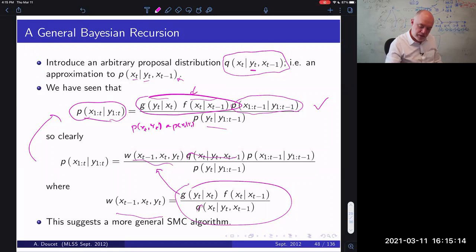That's the whole point of what's happening here. And if you use a Q that is very close to this, then the weights that you add are effectively 1 up to a constant factor. And I don't want to get into the fact that this is equal modulo a P of yt factor, because then that yt goes into the denominator in a complicated way.